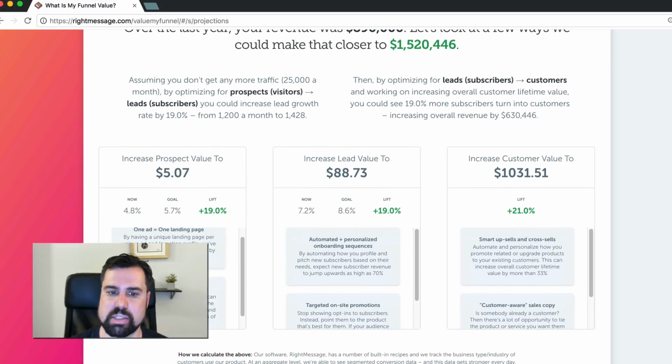And what we've done is we take the data that we're collecting in RightMessage from people who run a similar business, so online training, and we layer it on top of your conversion rates. So on average, we've seen people who do this, this, and this increase conversions by, say, 22%. So if you could get something like that, considering that you're doing, say, paid acquisition, then this could be the effect.